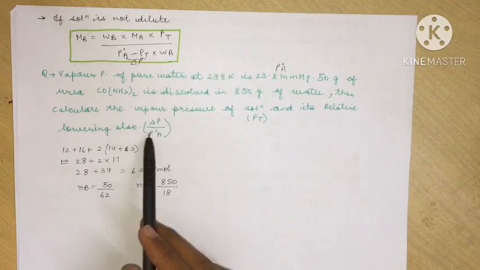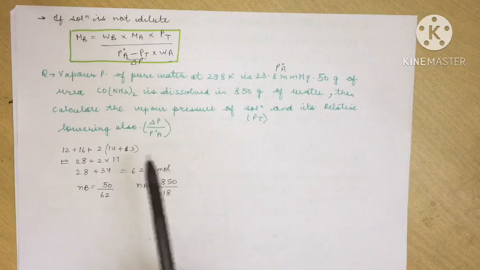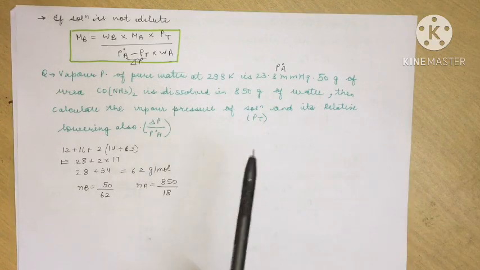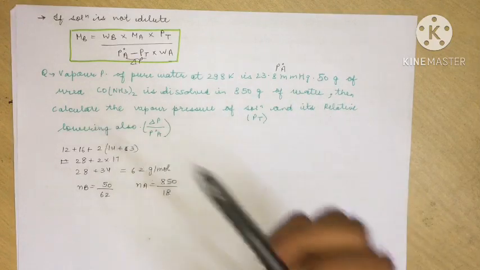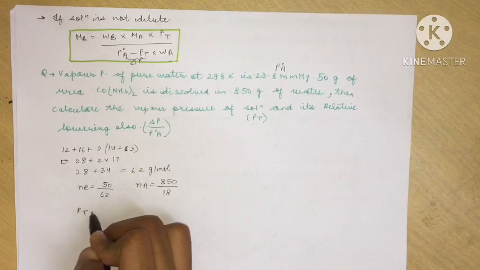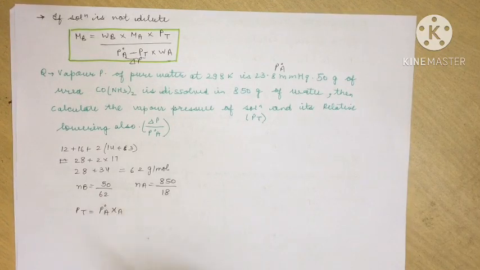We have to calculate the vapor pressure of solution, that is we have to calculate P total and its relative lowering. How do we calculate P total? Because this is a non-volatile solute urea, we have P total as P naught A XA only. The second term becomes 0.